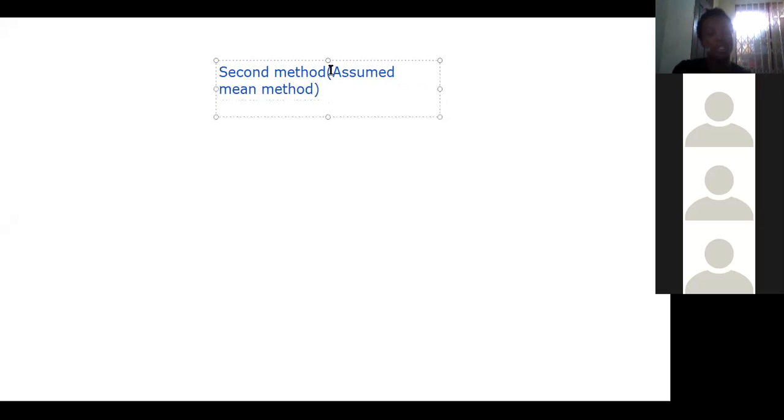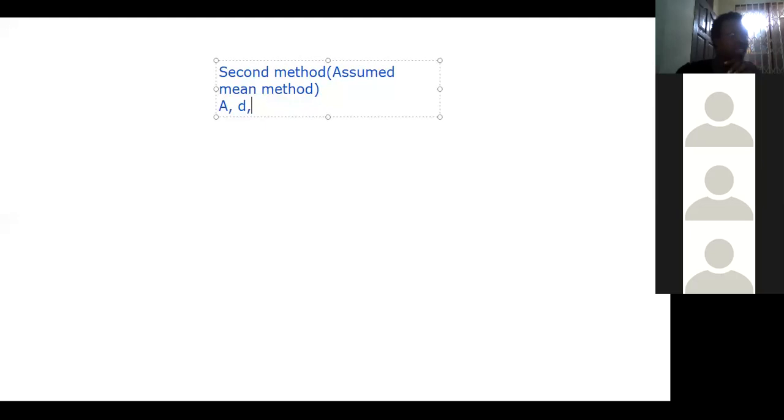The assumed mean is always denoted by A. The difference between the assumed mean A and the class midpoint X in each class is D. The difference between the class mark and the assumed mean is what we call the deviation.